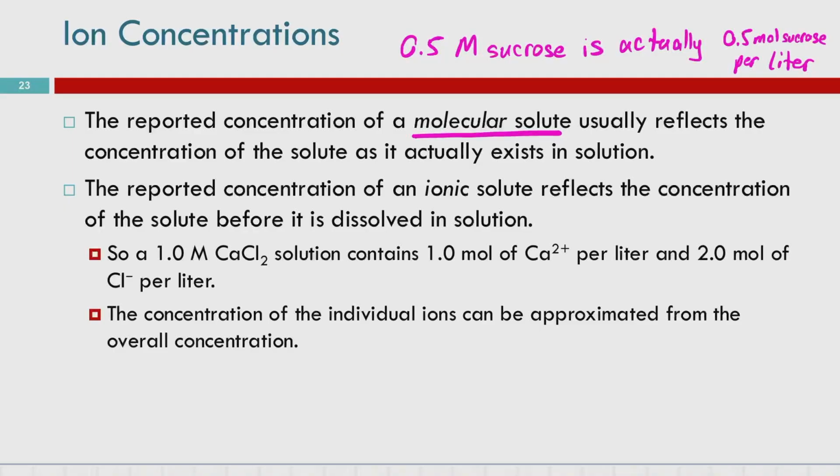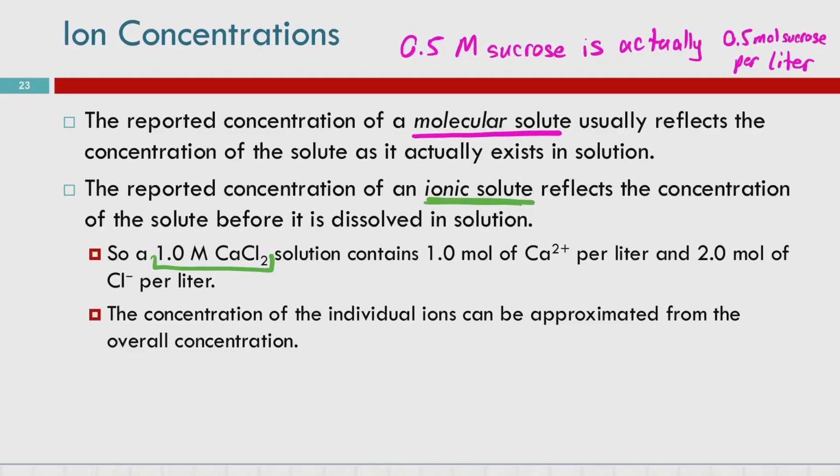If we're talking about ionic solutes, the concentration for the ionic solute reflects before it was dissolved. So our example here, if we have a 1 molar calcium chloride solution, that means we took 1 mole of calcium chloride and dissolved it in 1 liter of solution.